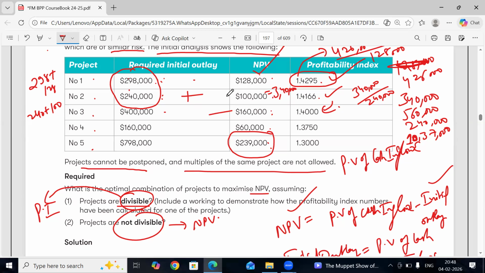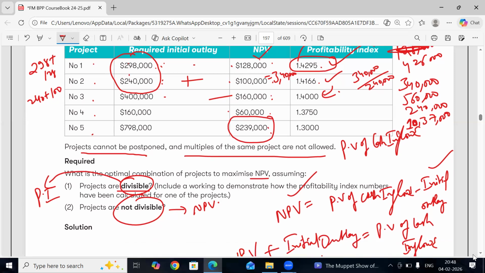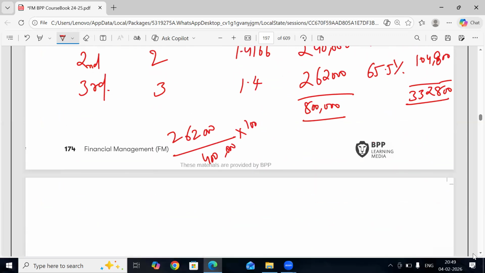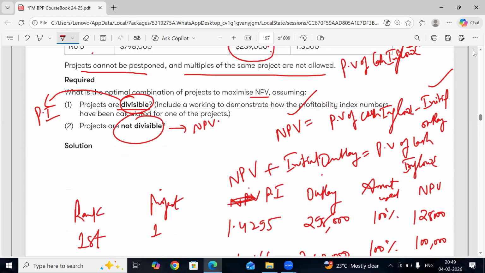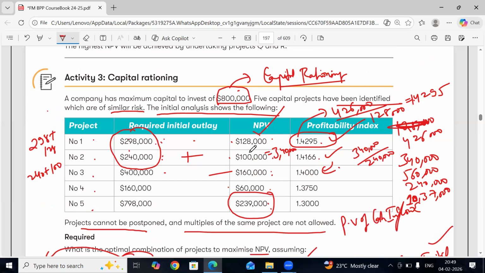If I take project numbers 1, 2, and 4, what does it give? We will take the combinations, to find the highest NPV. Then 2, 3, 4 we will take. We can take any combination: 1, 2, 3, 2, 3, 4, 3, 4, 5.